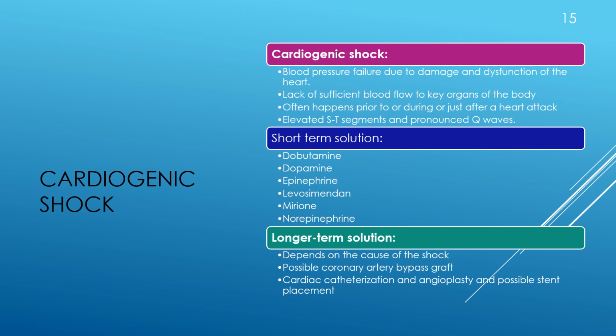Was it an infection problem? You may have to do a coronary artery bypass graft. You may have to do catheterization and angioplasty. There are so many different choices. It all depends on the etiology of your cardiogenic shock and what your treatment options are. But knowing the short-term solutions is relevant because it can save your life.